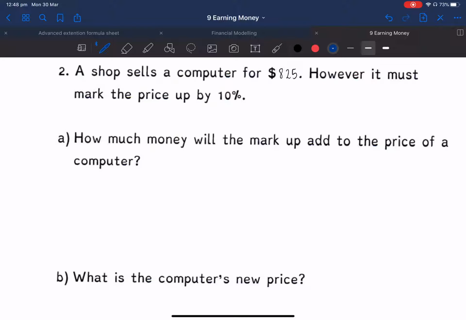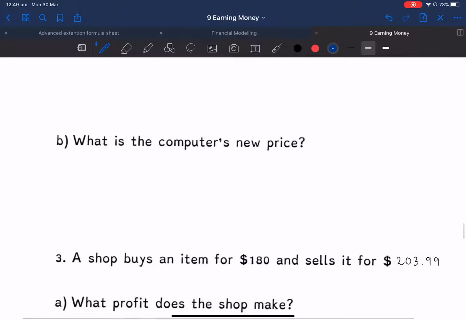In other words, it's saying, well, what is 10% of $825? Okay, so 10% of $825. Type that into your calculator and you should get $82.50. That's it. That's our 10%. That's what we're adding on.